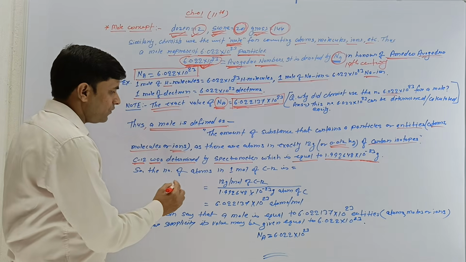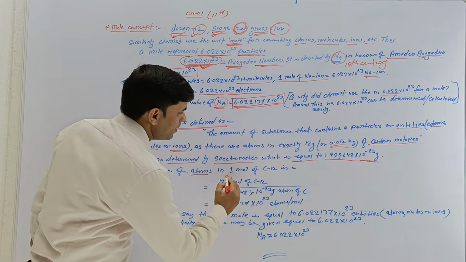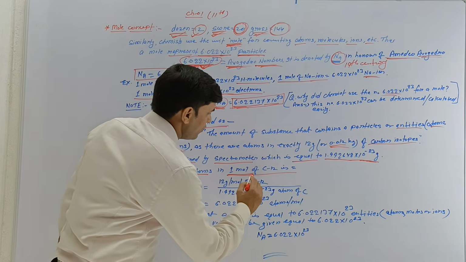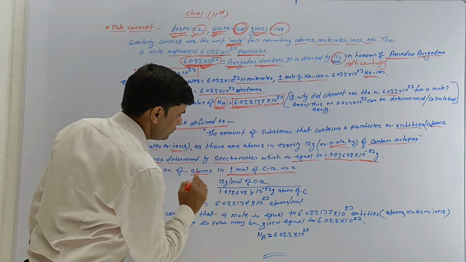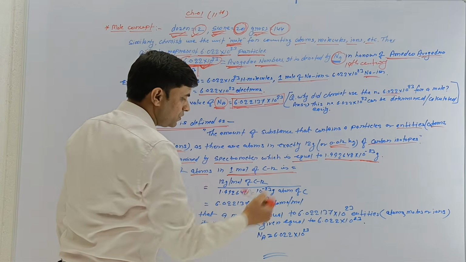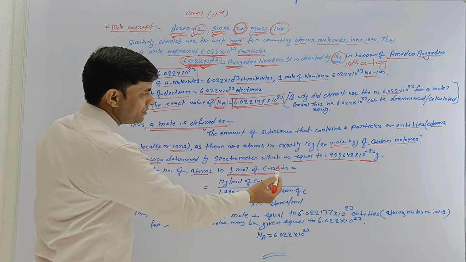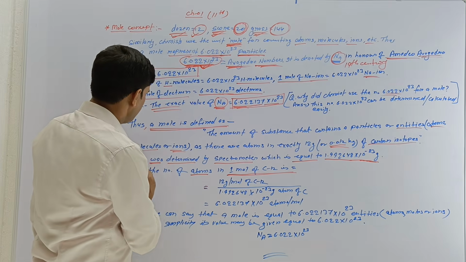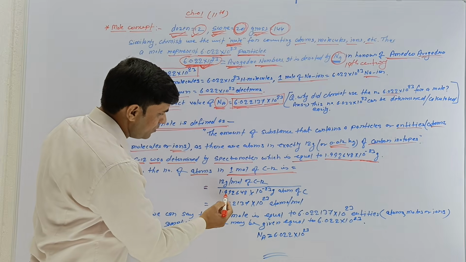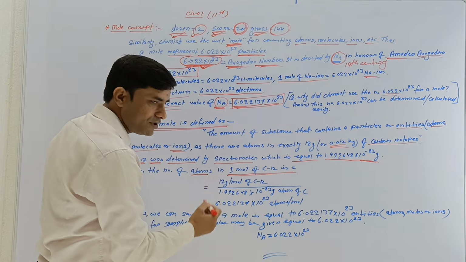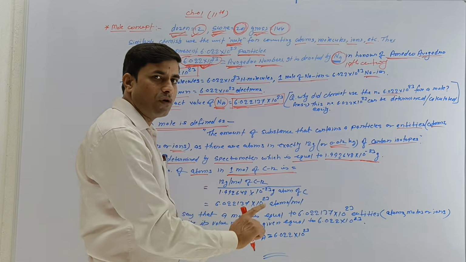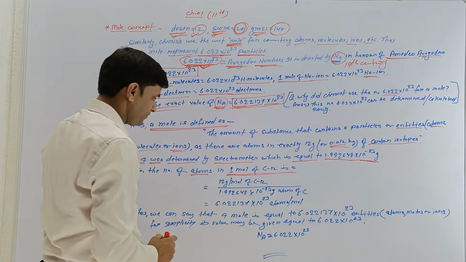So the number of atoms in 1 mole of carbon is 12 grams per mole divided by 1.992648 into 10 to the power minus 23 grams per atom of carbon-12.